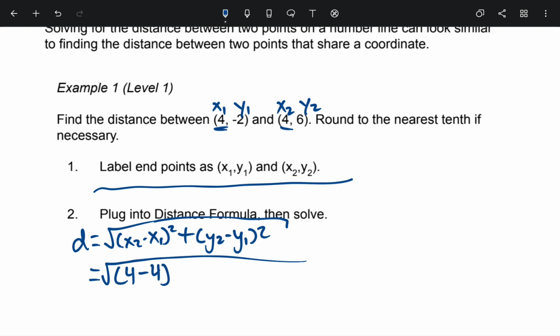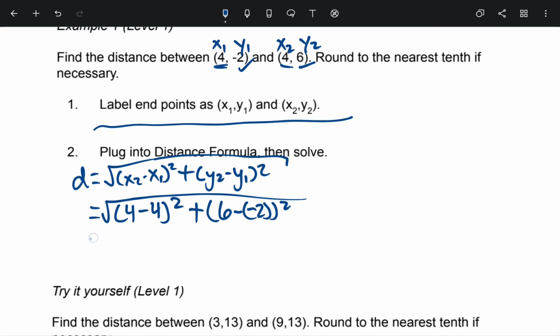So we get 4 minus 4 squared plus y2, which is 6, minus y1, which is -2, squared. We get 4 minus 4, which is 0 squared, plus 6 minus -2, that becomes 8. So we have 8 squared.